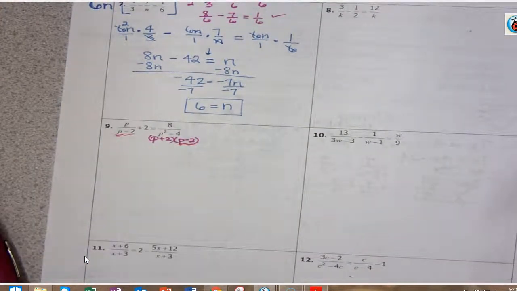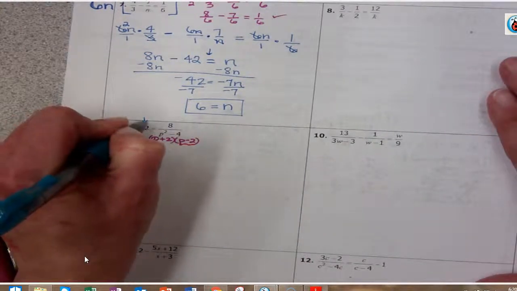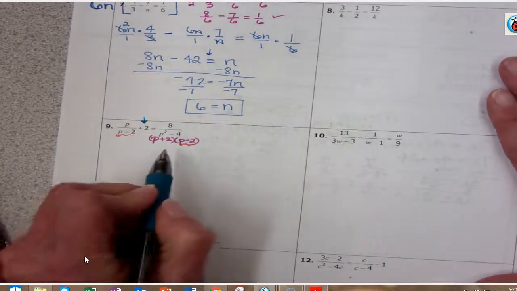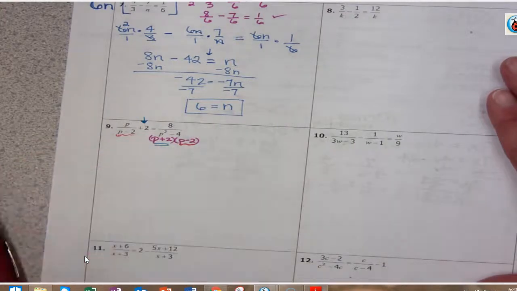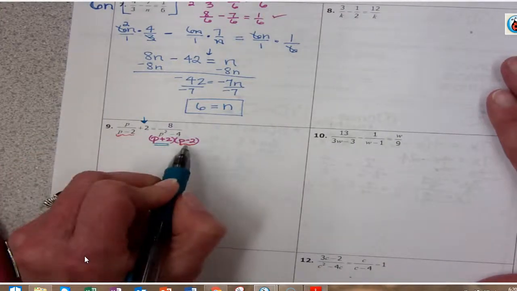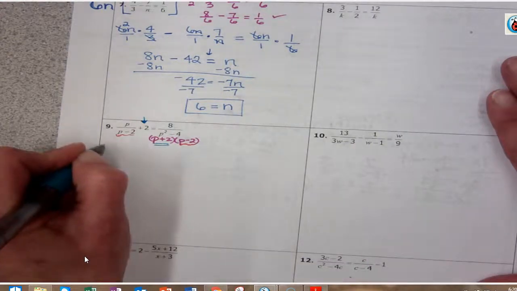I also notice that this 2 right here does not have a denominator. So in order to have that be the same denominator, I'm going to have to multiply it by everything. It doesn't have a p minus 2 or a p plus 2. So I have to take this first.